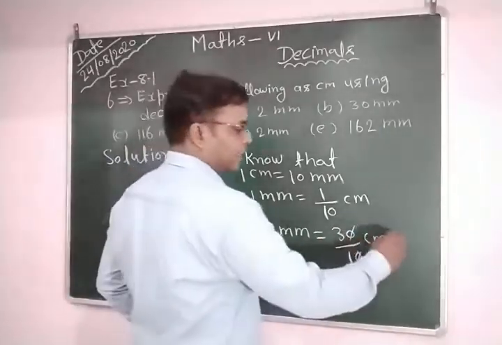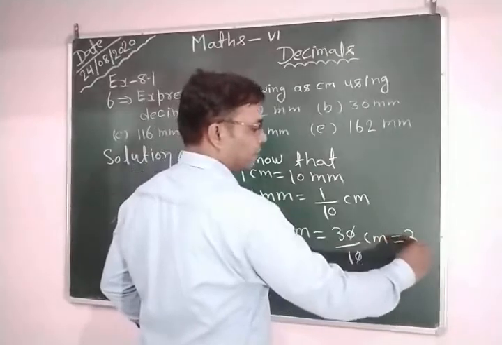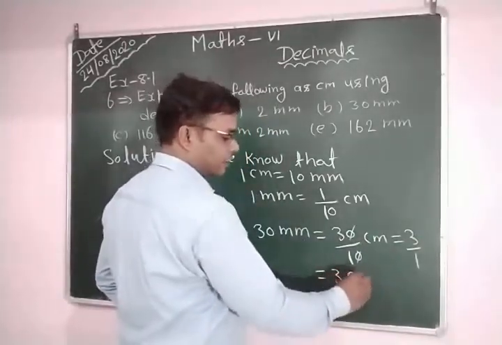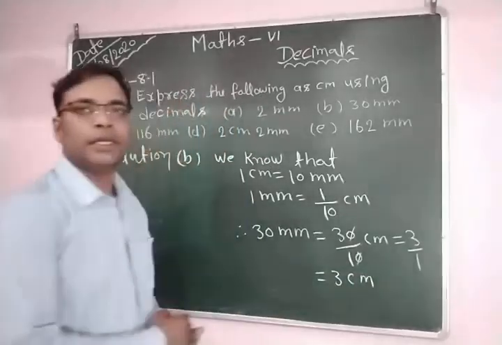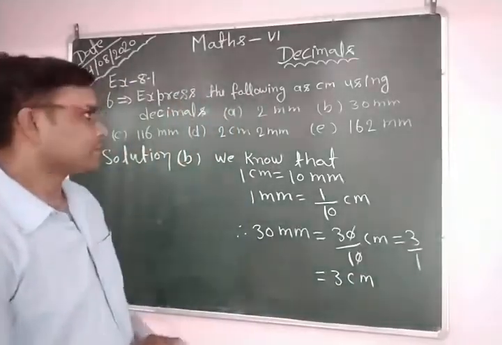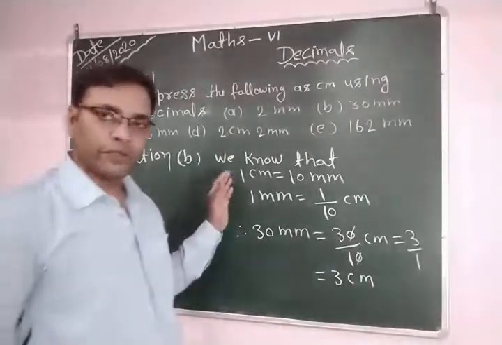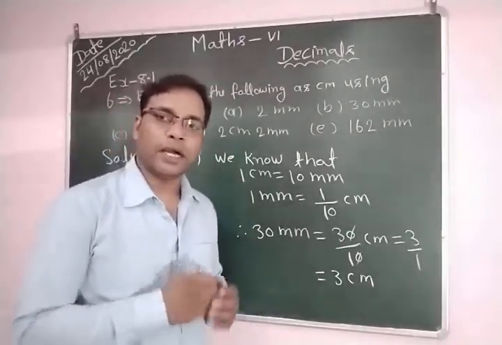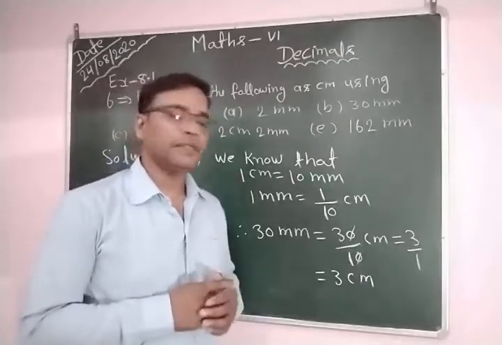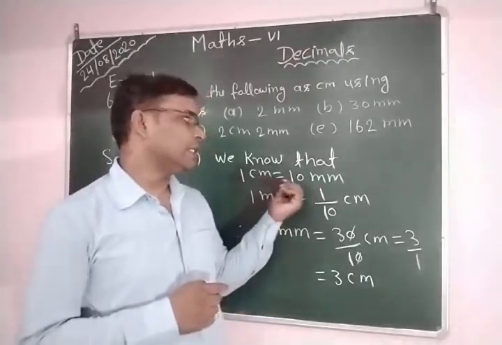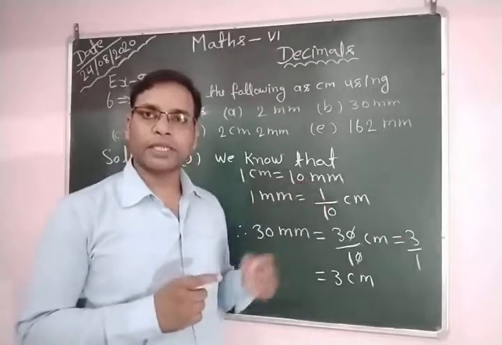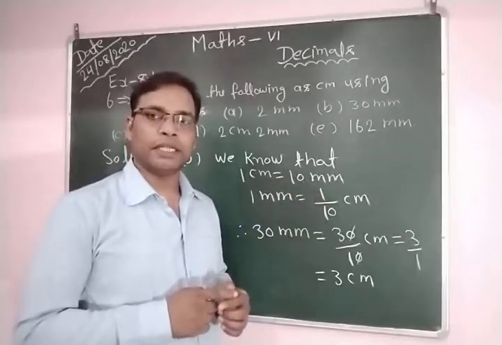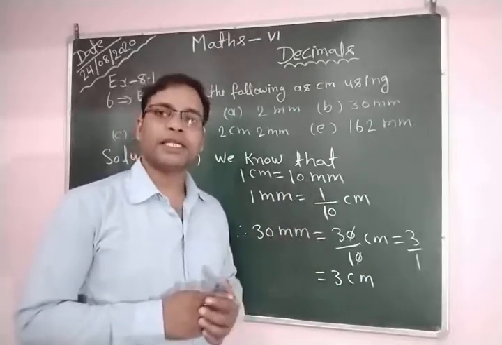So you can write 3 by 1, or simply 3 centimeters. 1 centimeter is equal to 10 millimeters, or 1 millimeter is equal to 1 by 10 centimeters. 1 by 10 represents the tenth place.